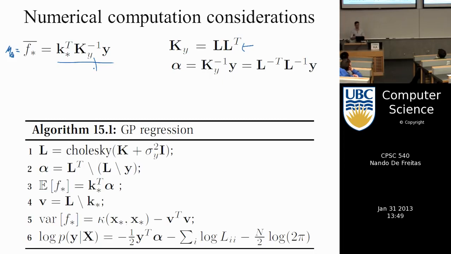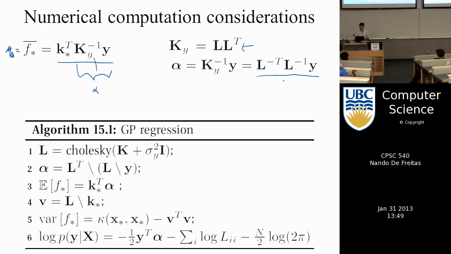We're going to form the Cholesky, and from the Cholesky we're going to compute this guy alpha, K minus 1 y. Instead, we're going to use the inverse of the Cholesky, which is much easier to compute.